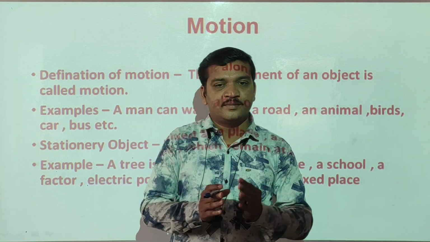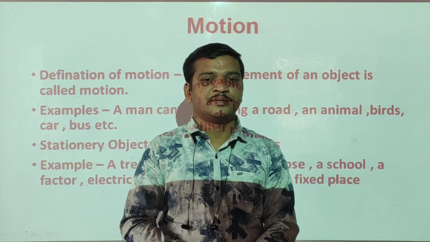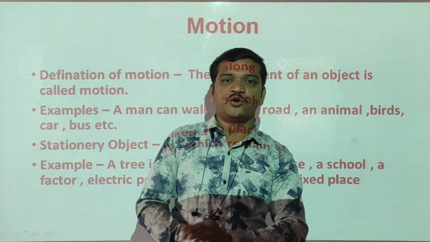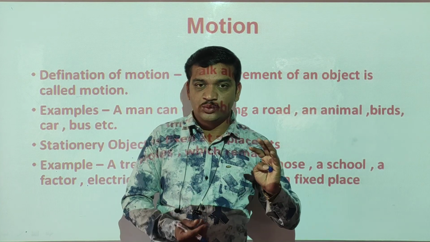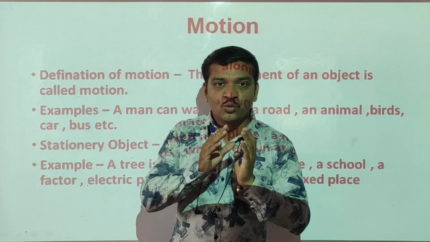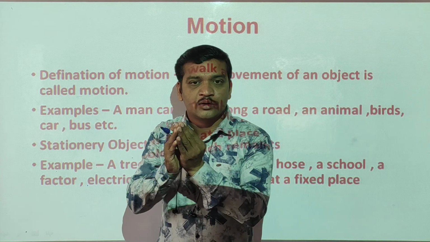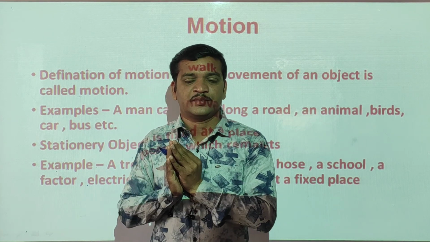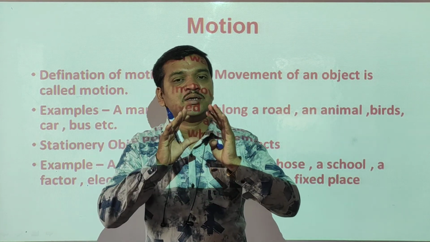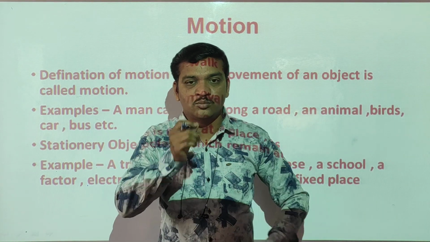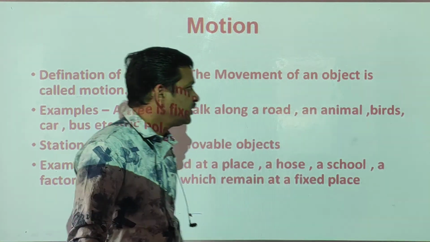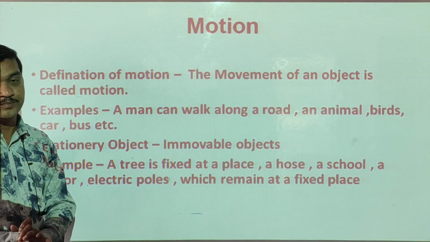Some objects are at rest, which are called stationary objects, and some objects always move from one place to another place. So the moving of an object is called motion, meaning that the object is in motion.